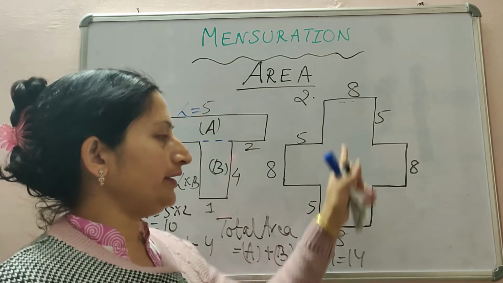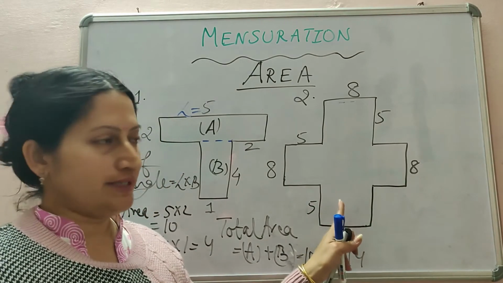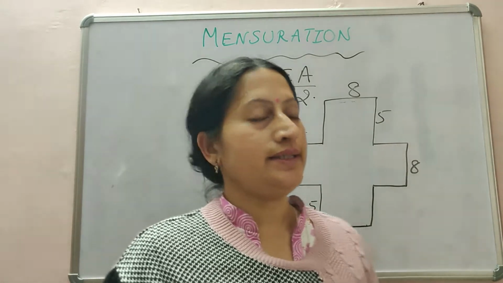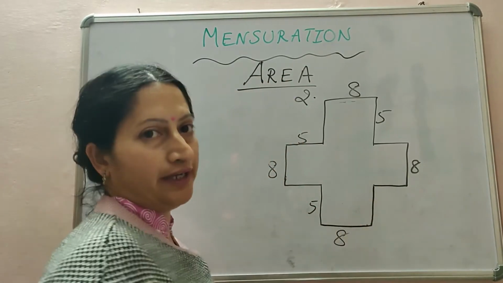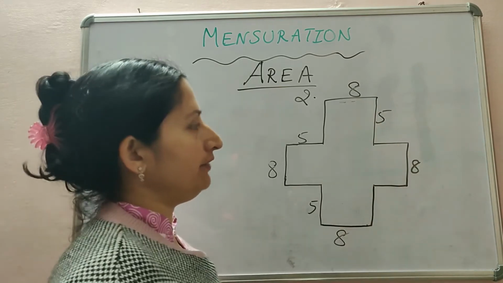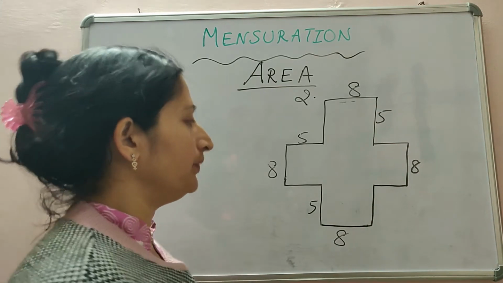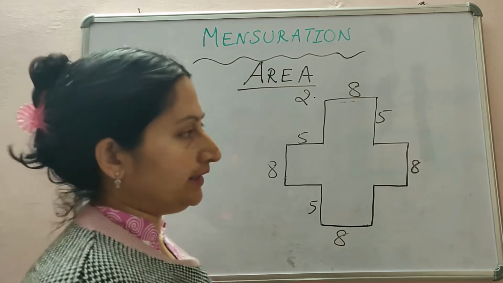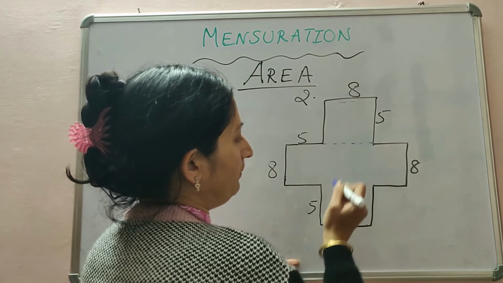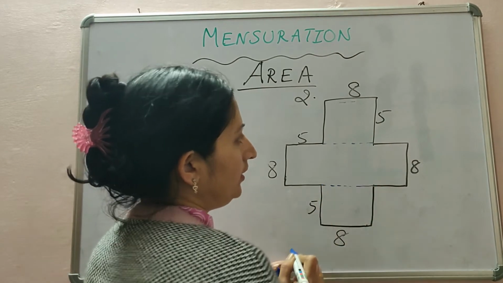Now we have to find the area of this plus figure. Students, let's understand this second question. You have got a plus figure and the lengths and widths of the sides are provided. As in the previous question, we will divide it into different parts by drawing these thin lines.